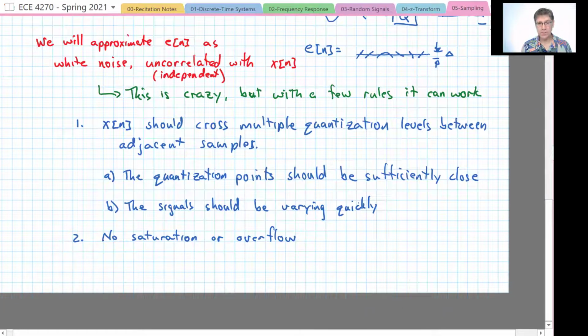So as long as these two rules hold, then our error is going to be uniformly distributed between minus delta over 2 and delta over 2. It will be white.